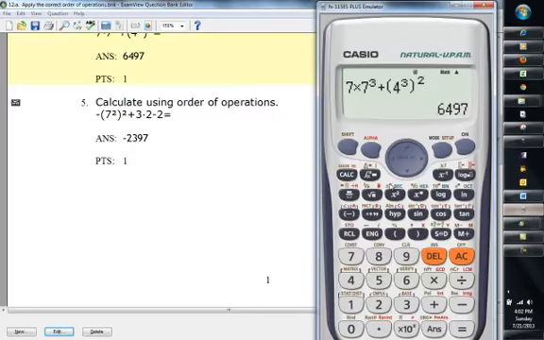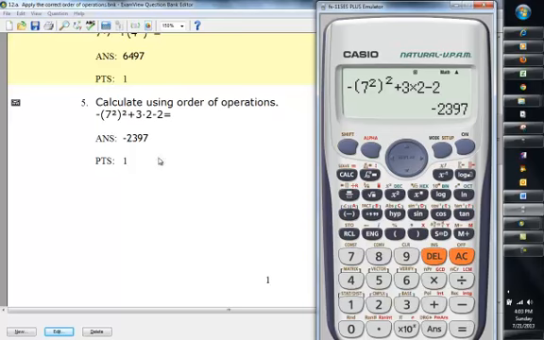Last one. One of the things that's tricky about this last one is that people think that that negative sign is going to go away when you square it. But because it's outside the parentheses, it actually is a negative 1 multiplying by whatever is inside the parentheses. 7 squared, squared, close parentheses, squared, plus 3 times 2 minus 2.